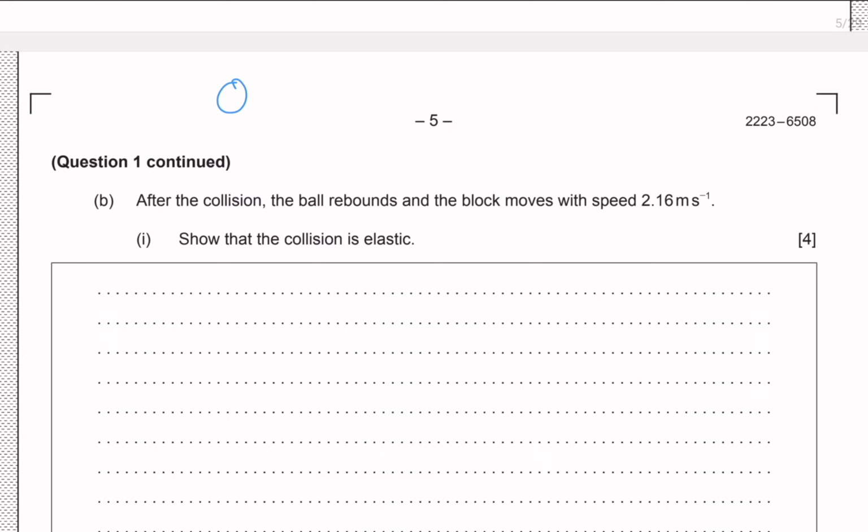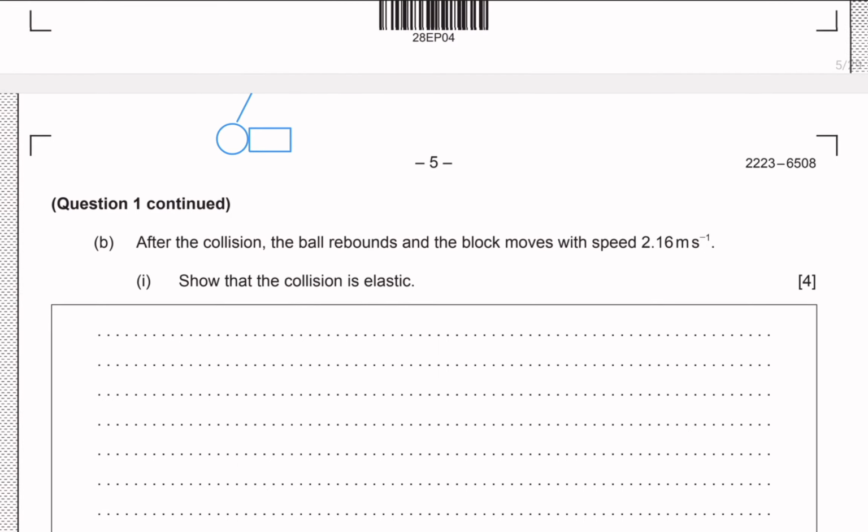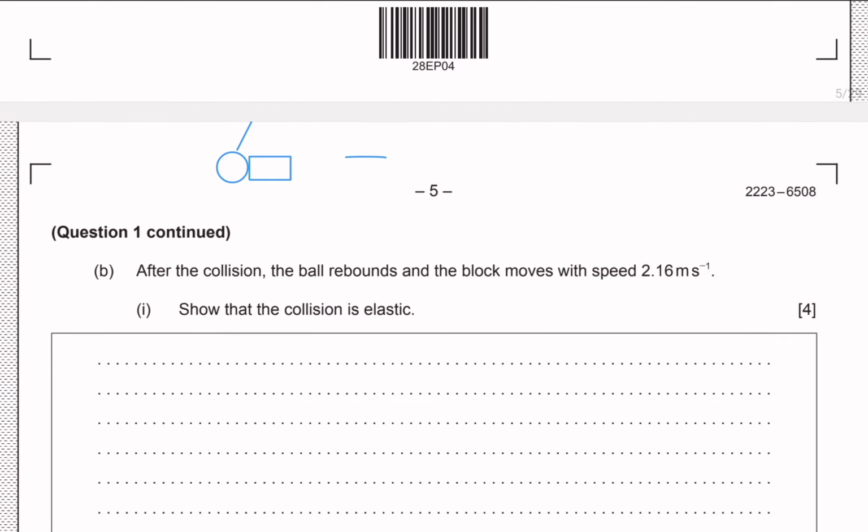We have the ball here, it collides with the block, and then the string was something like this. So this was before the collision, and then they will hit each other and rebound. The ball will travel to the left and the block will travel to the right.